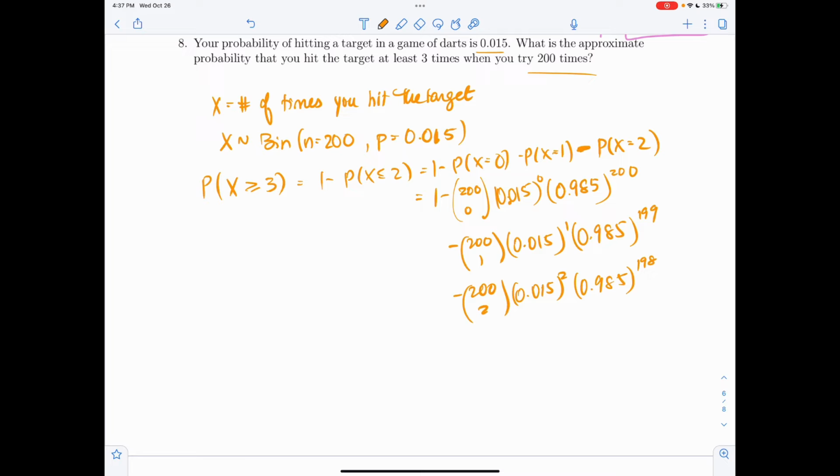That's the exact probability. But that's some craziness. That's crazy numbers.